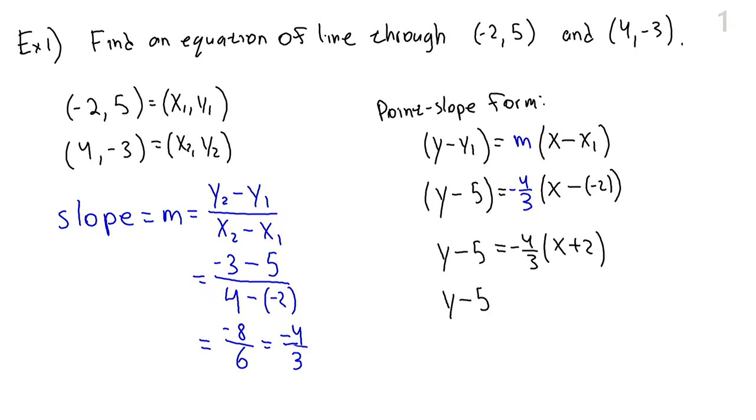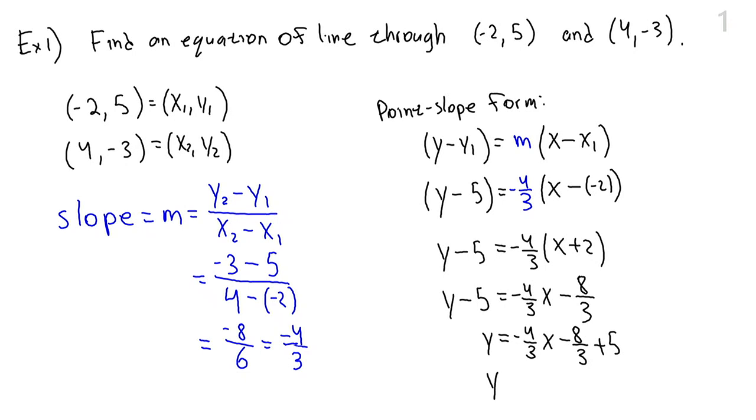Y minus 5 equals -4/3 x, and I'm going to distribute this term. I'm going to get -8/3. And we're going to add 5 to both sides. Y equals -4/3 x minus 8/3 plus 5.